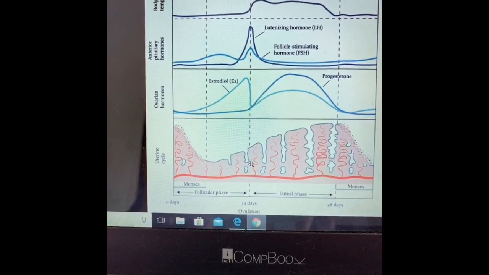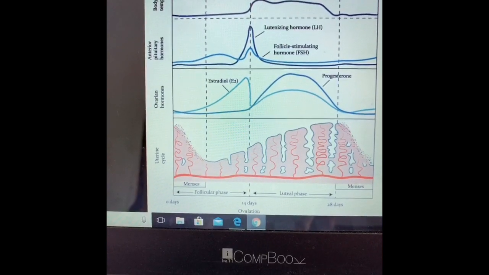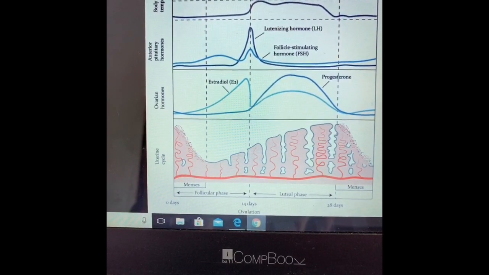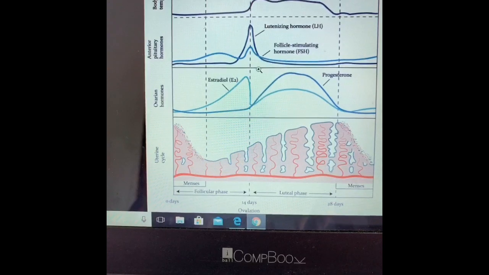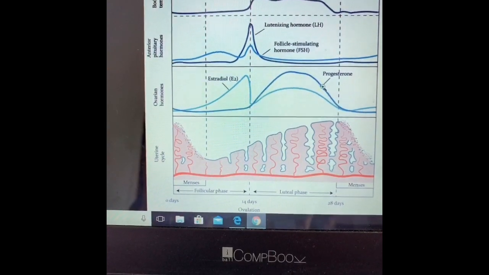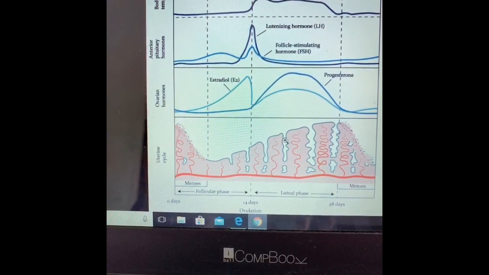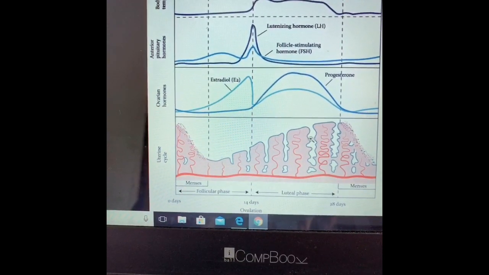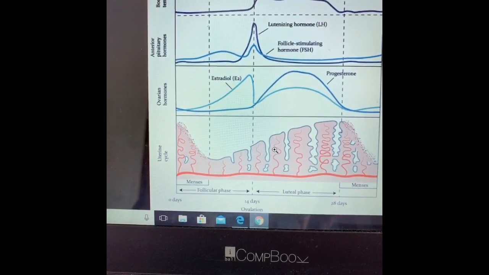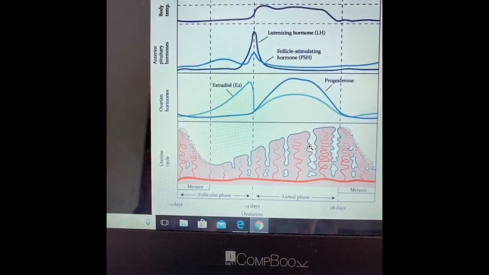Then is the ovulation or the ovulatory phase. After ovulation, the Graafian follicle gets converted into the corpus luteum. This corpus luteum starts secreting progesterone. With the increase in progesterone, the inner lining of the uterus wall, that is the endometrium, starts developing. It increases to welcome a fertilized ovum.